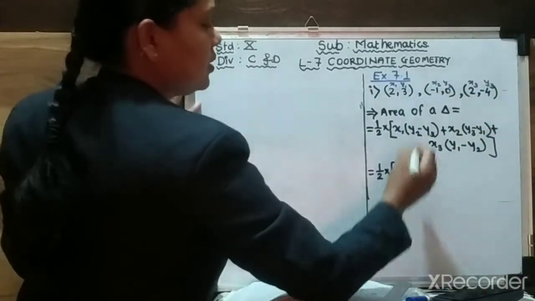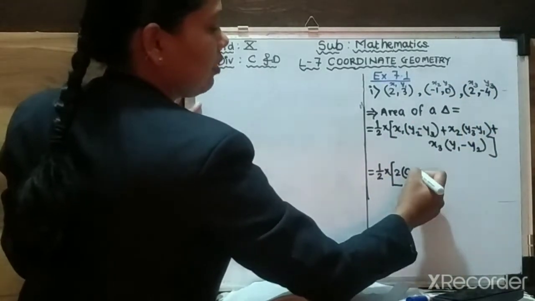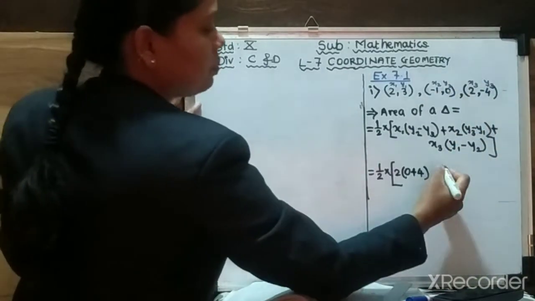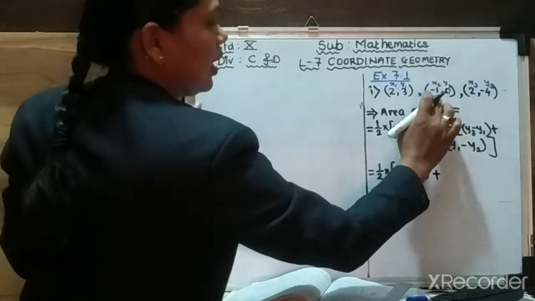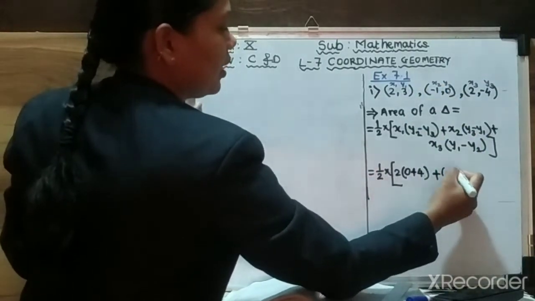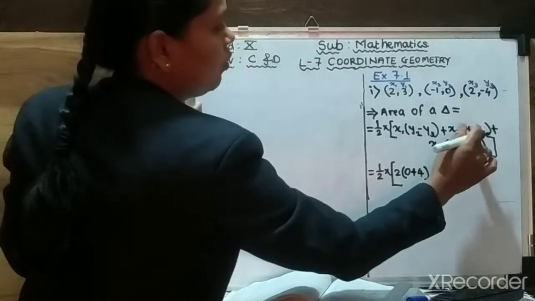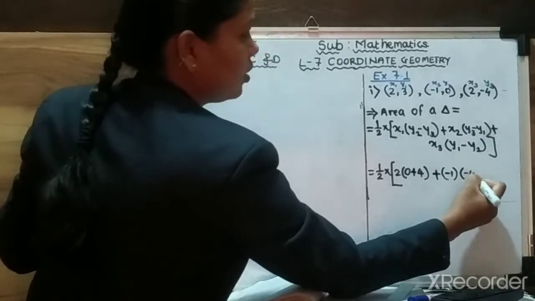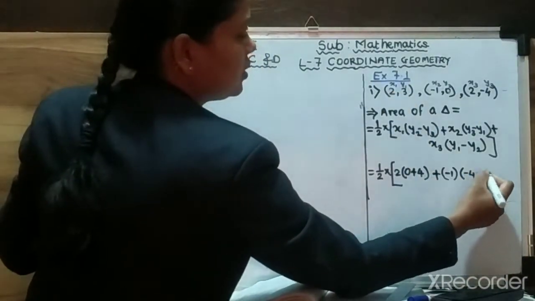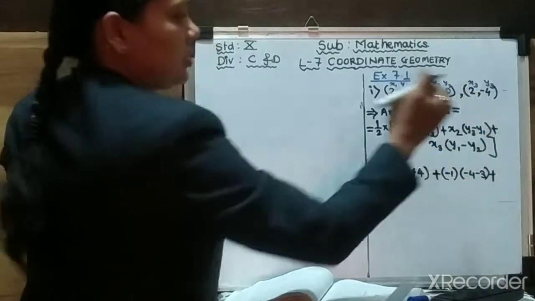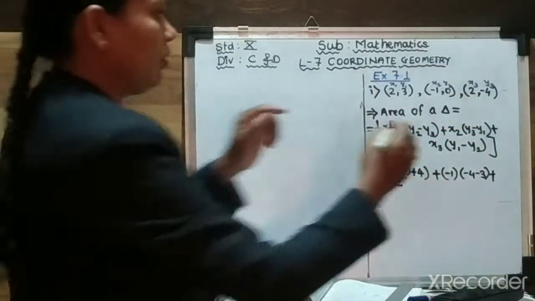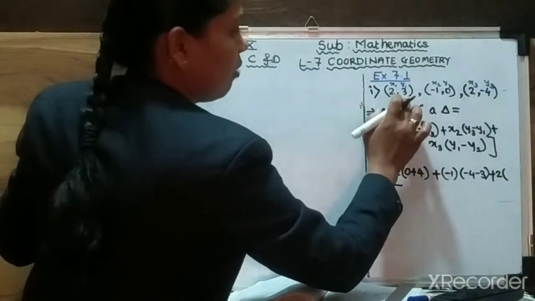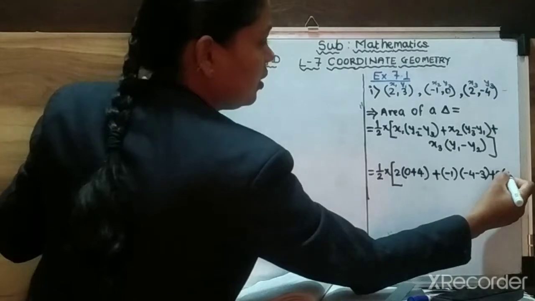So 0 minus minus 4, minus minus becomes plus. Then plus sign next. x2 is minus 1, so we write minus 1 into y3 minus y1. So y3 is minus 4 and minus y1 is minus 3, then plus x3 is 2, and inside a bracket y1 minus y2, so 3 minus 0.